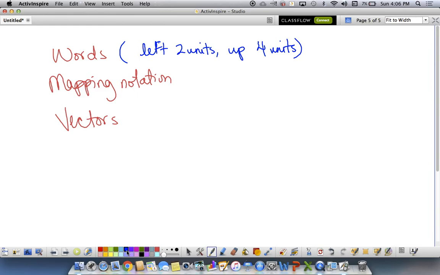Okay? Mapping notation will always start with a T, colon, X, Y. Then there will be an arrow. Okay? Then you would have an X. If we were doing this exact same one, we would have X minus 2. That right and left are your X's, up and down are your Y's. This says left 2 units, up 4 units.